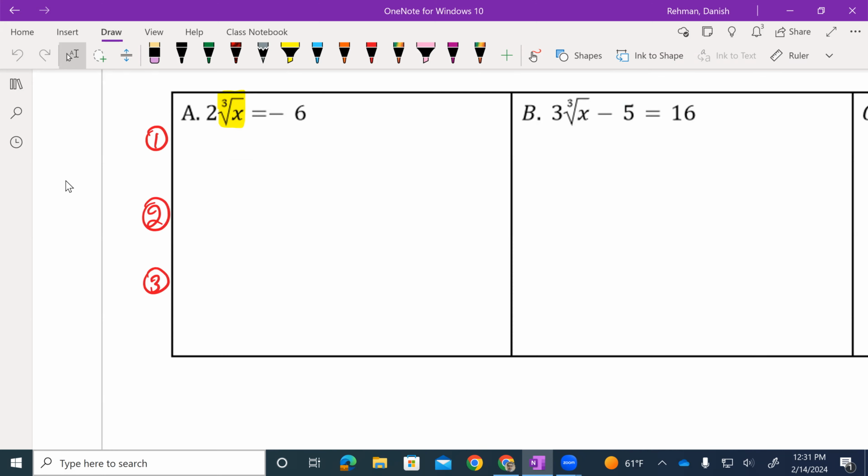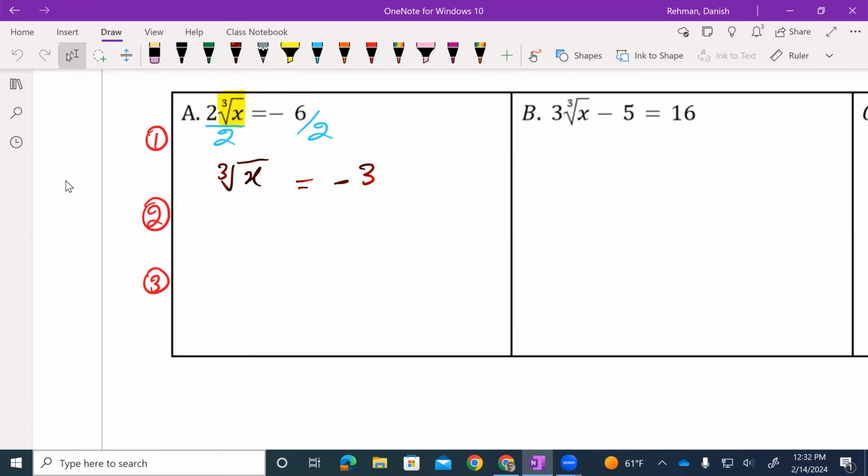What's extra there that I need to get rid of? 2. How can I get rid of that? I will divide that by 2. Then, when I did this, we will be left with the cube root of x equals -3.